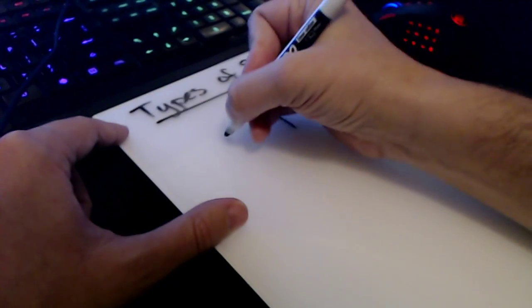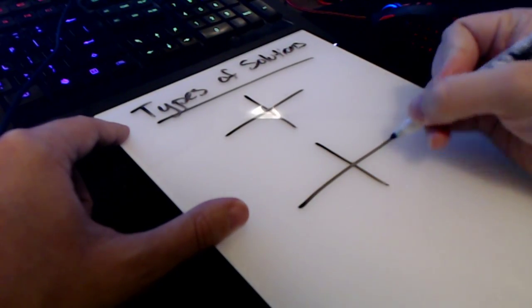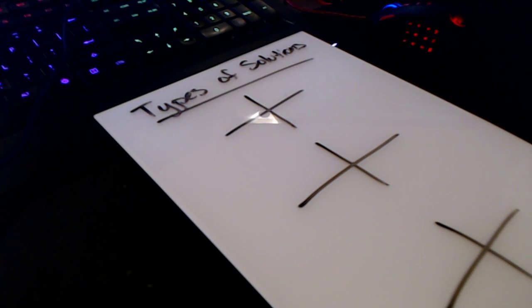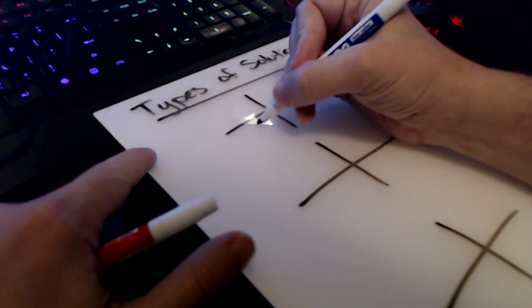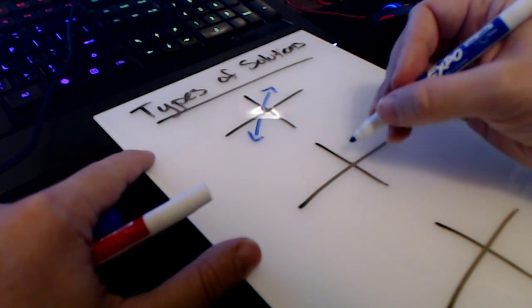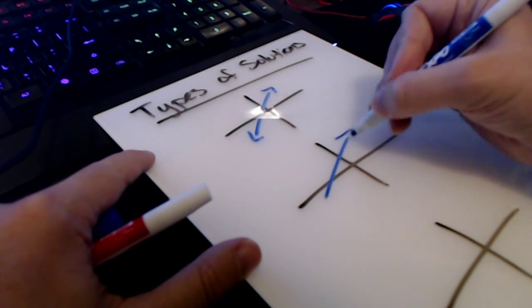So 1, 2, 3. Those might be sort of poorly drawn, but that's fine. And we're going to talk about if we have a line, we can go like this with another one.